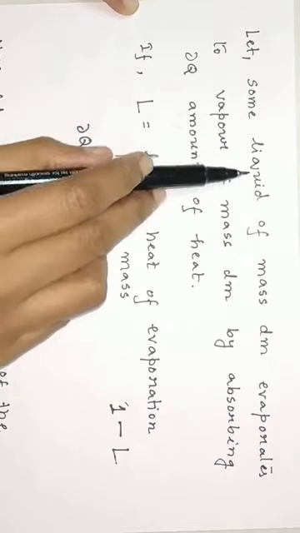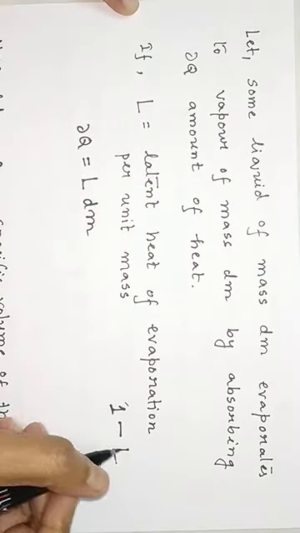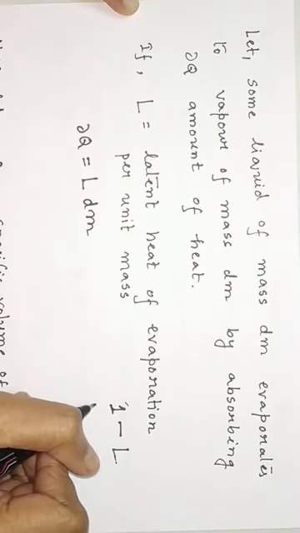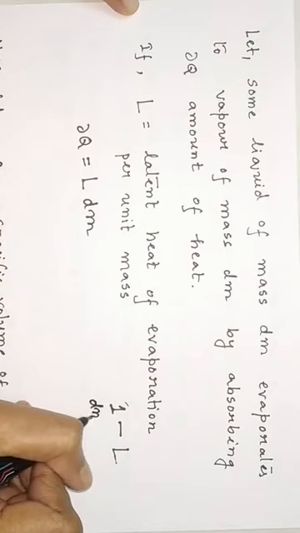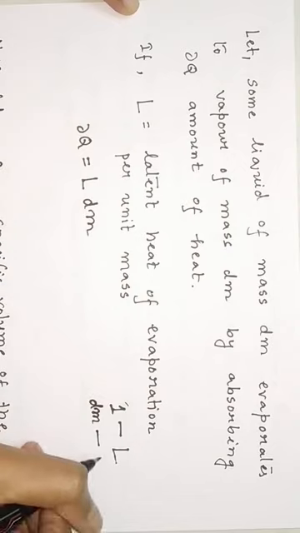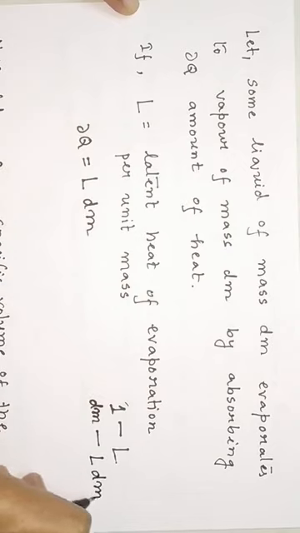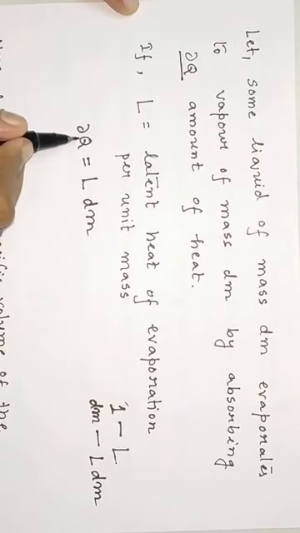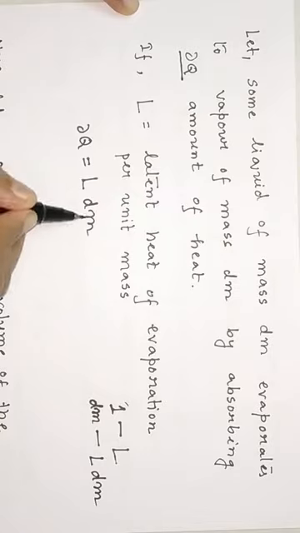We have liquid of mass dm. So what is the amount of heat absorbed by dm mass of liquid to convert to vapor? It is L into dm, which we have said is delta Q. Therefore delta Q is equal to L into dm.